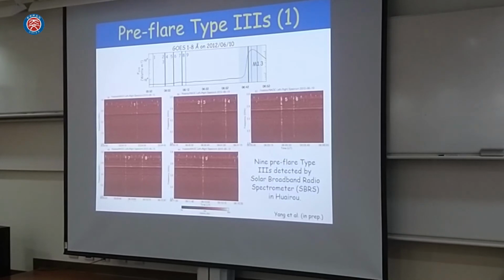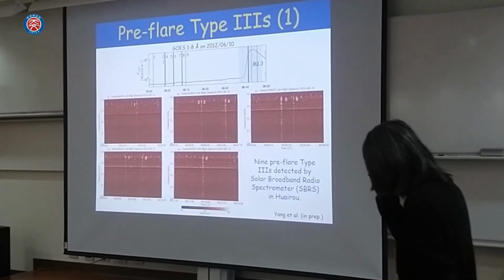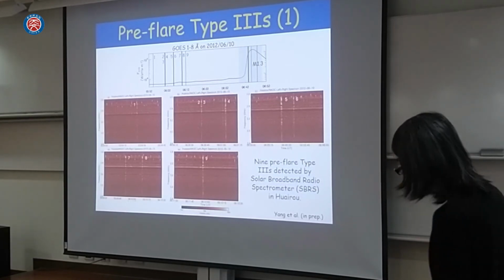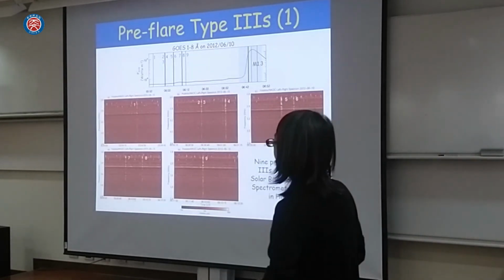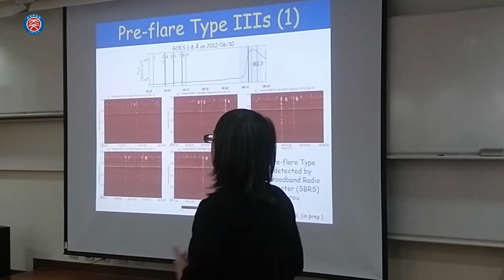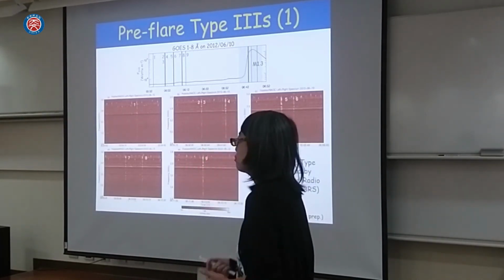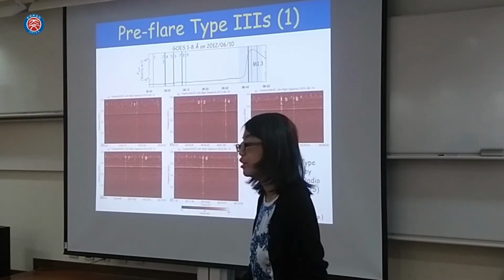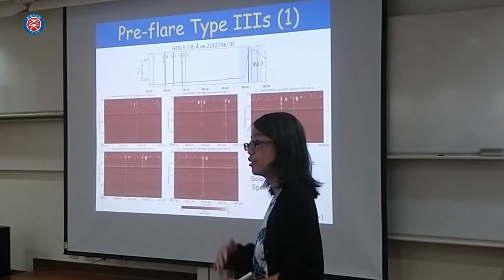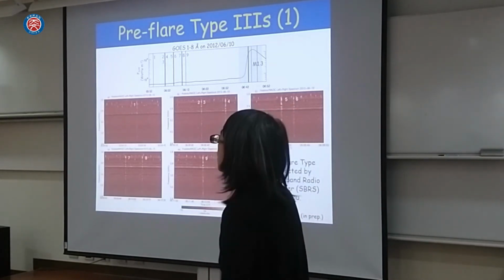Okay. So this is from the other data, I mean ground-based radio data. Because I just said if we want to get more information about the reconnection side or energy release side, we must use radio observation at higher frequency.